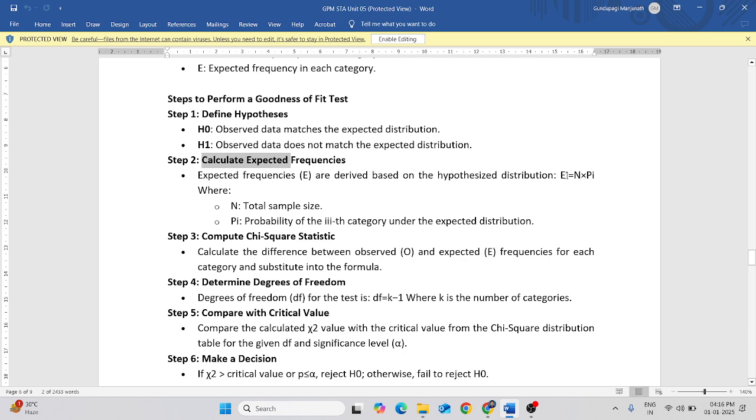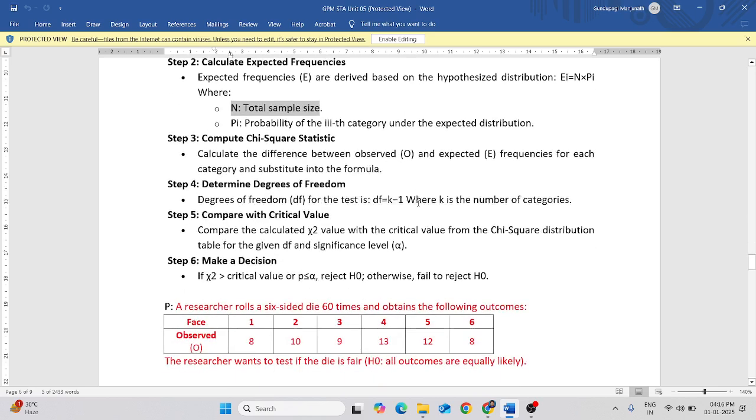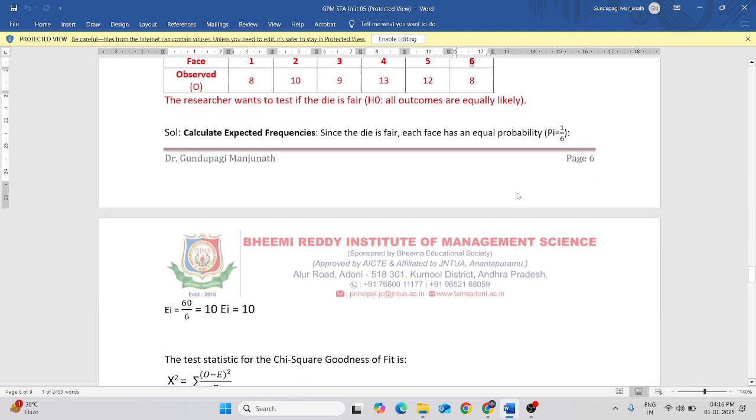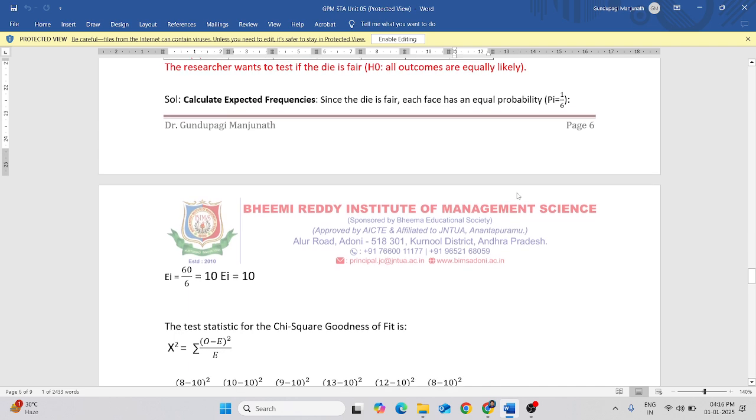Expected frequencies can be calculated with the hypothesized distribution, Ei equals n into Pi, where n is the total sample size and Pi is the probability of the ith category. See here, how many faces do we have? Total 6 faces, so Pi, the probability, will be 1 by 6.